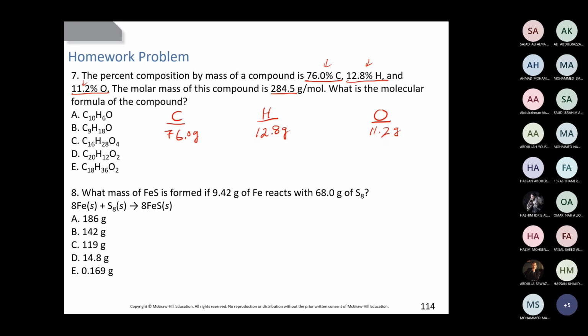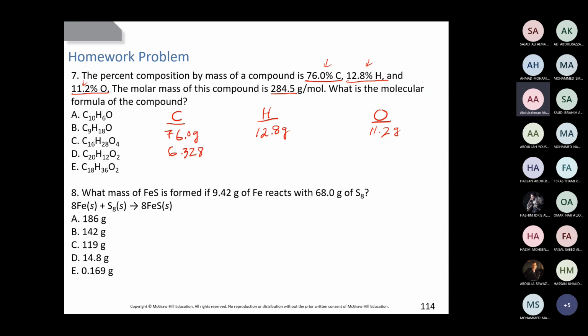And carbon, I think 0.267 mole? No, we multiply, sorry. No, you divide by 6.328. 6 point what? 328.